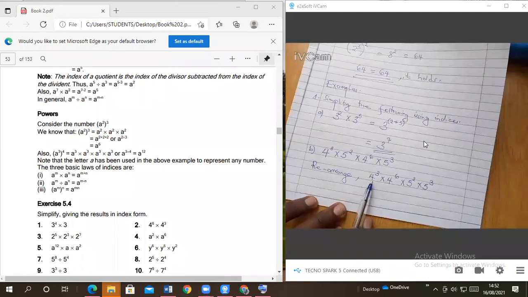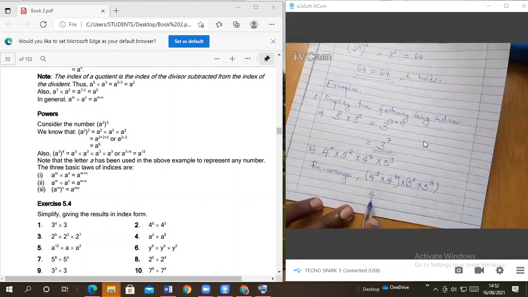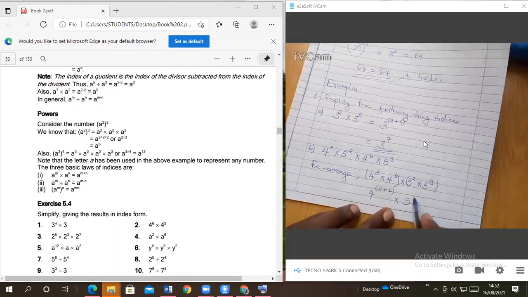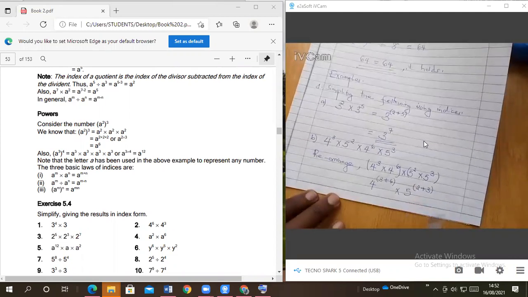So we put this one together, and this one also together. You can see that the 4s have the same base, so 3 plus 6, and then 2 plus 3 for the 5s. What do we get here?